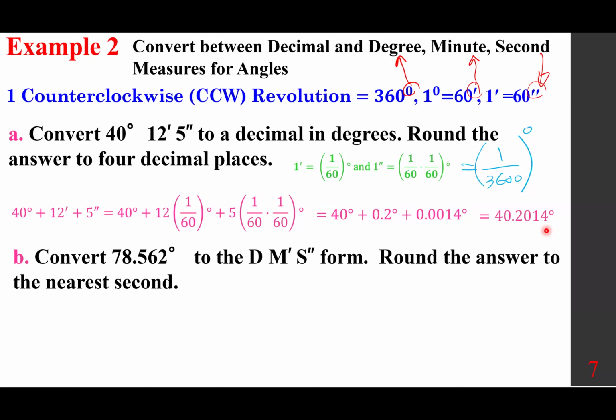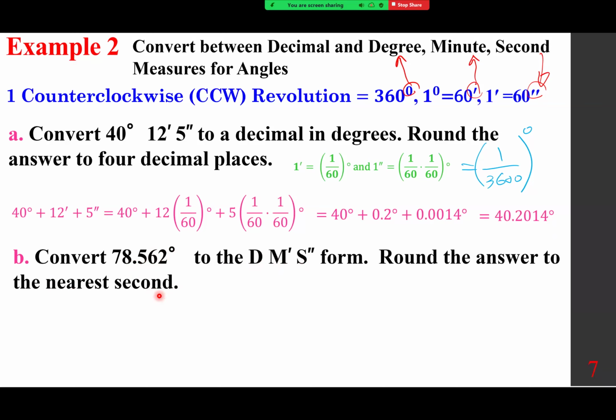We want to go back from this decimal, 78.562 degrees, to the DMS, degrees, minutes, seconds format. When we go that route, normally we go to the nearest second.